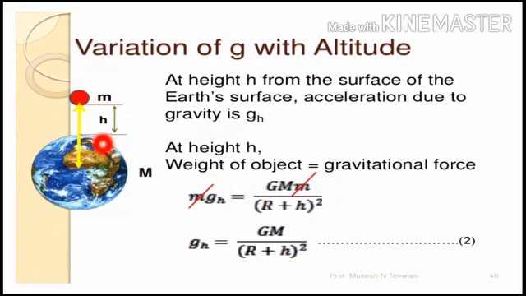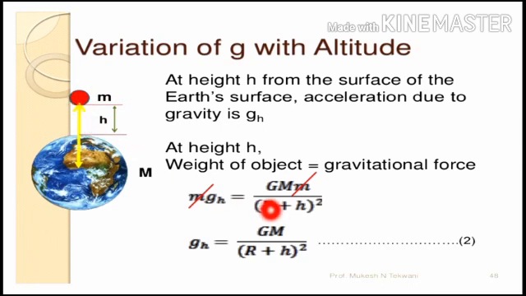Why? Because now the object is not at the surface of the earth, it is at some height, and we have to take the distance from the center of the earth. From the center of the earth to the surface of the earth the distance is capital R, and from the surface of the earth to the center of the object the distance is small h.